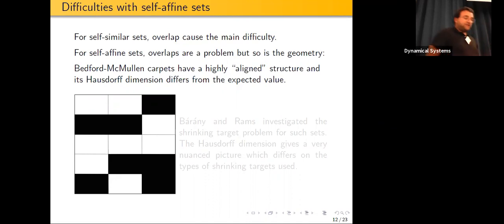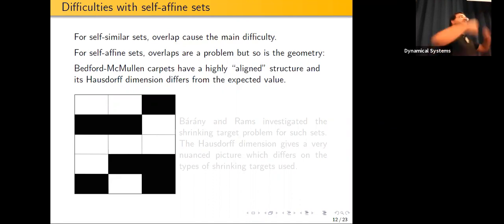For self-affine sets, because we are skewing differently in different directions, geometry also comes in there, and this geometry is sometimes biting us and not wanting us to do this. For example, if something is very highly aligned, like in this example, which is a representation of taking the unit square and mapping it into these rectangles. These are not similarities. One side is skewed by a third, the other one by a fifth.